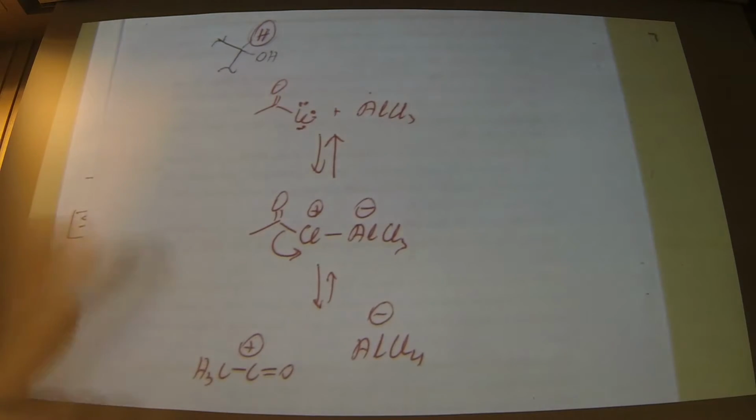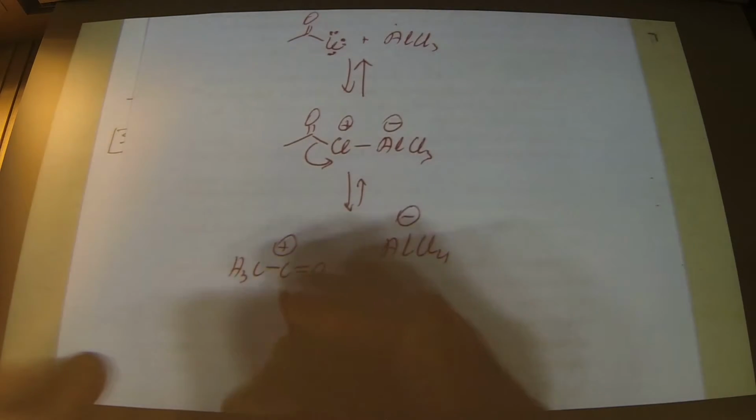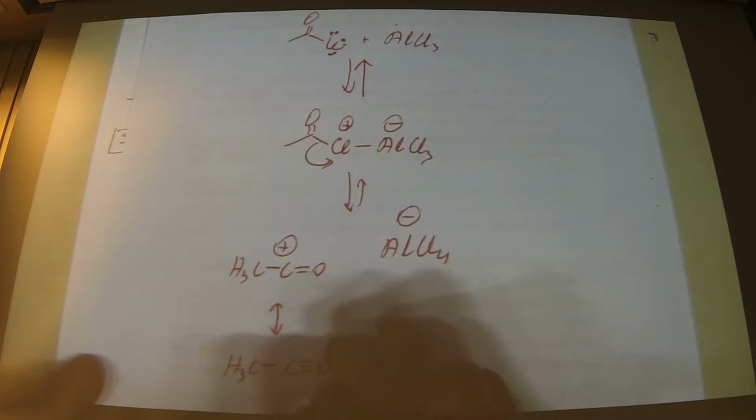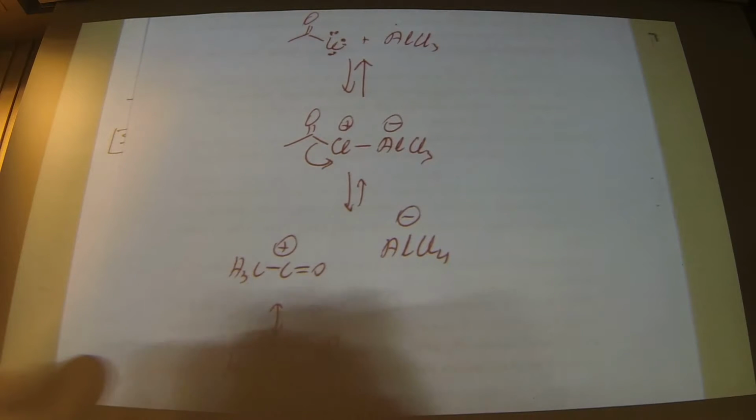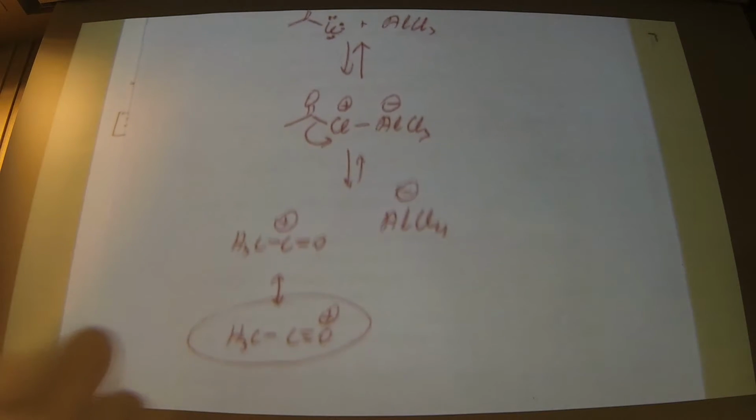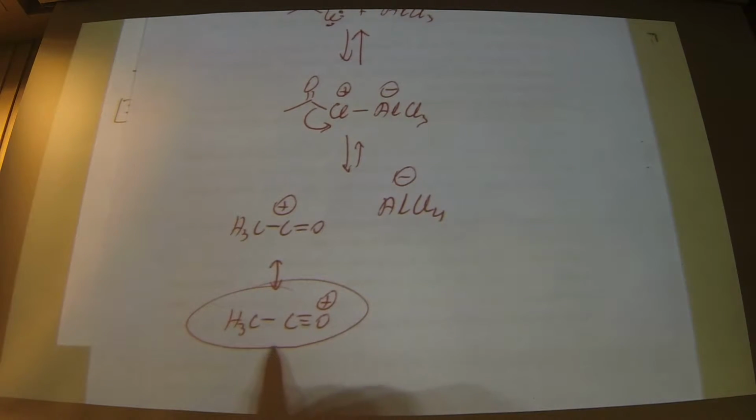And remember, this is the active electrophile, and that this is resonance stabilized. And that actually this is the more important resonance structure, because why? Because everything has a complete octet.